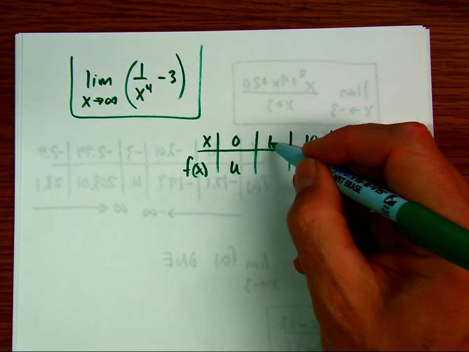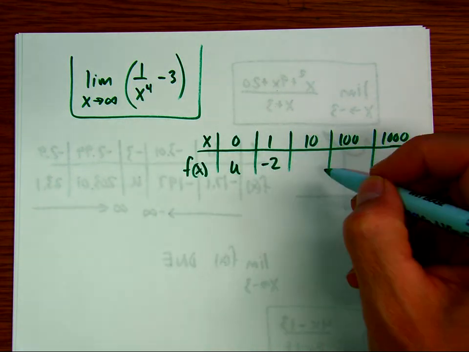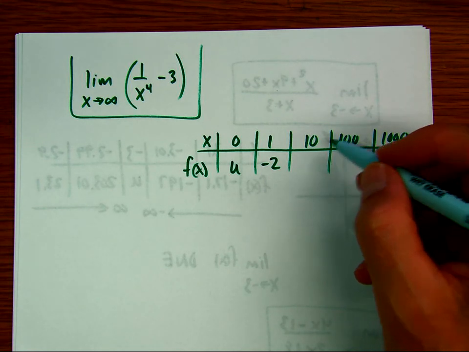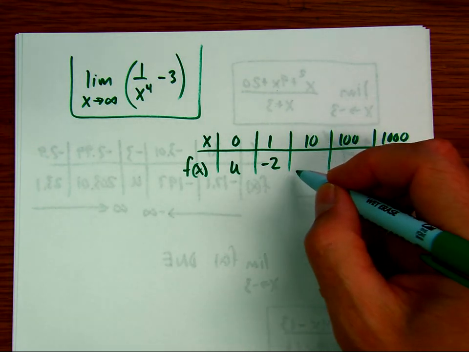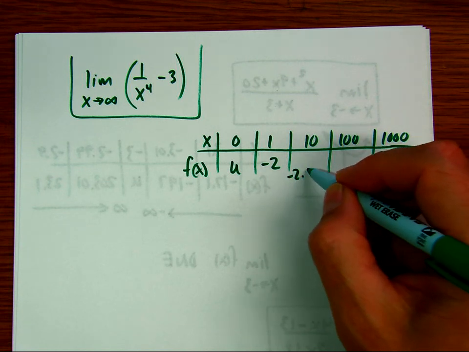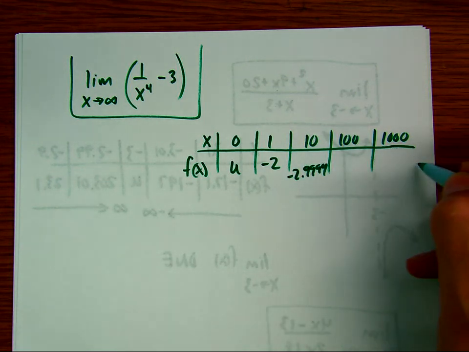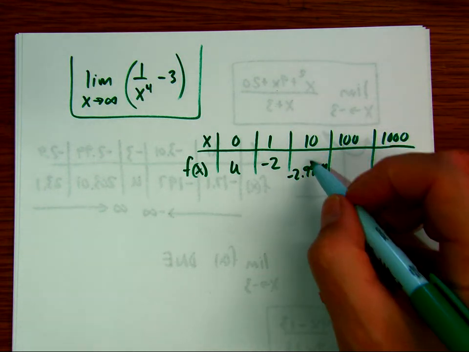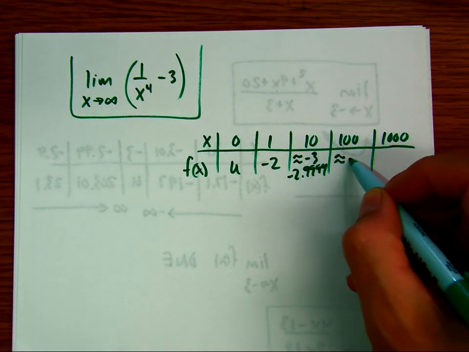When you put in a 1, we have 1 minus 3 is -2. And with these numbers, we keep getting -2.9999, and it just keeps having more and more 9s. So we're just going to say that's approximately -3.